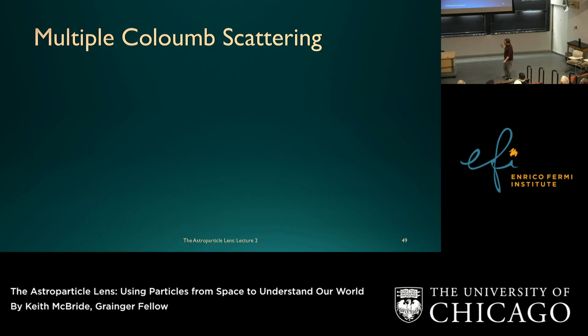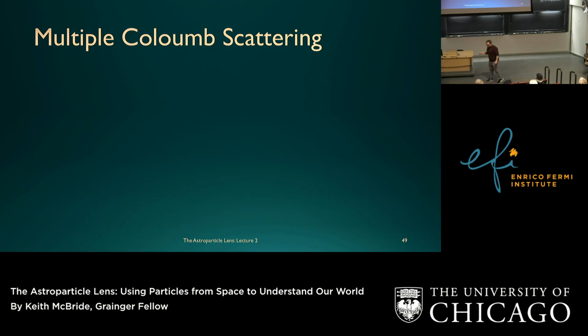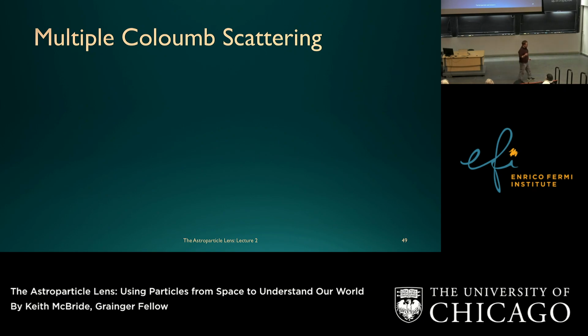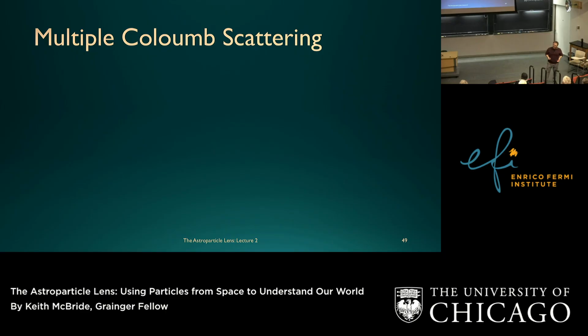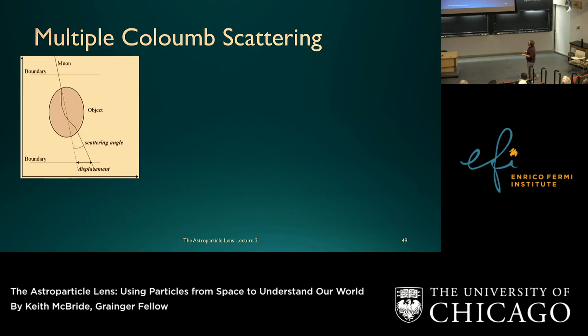And so then I want to come to another phenomenon that we're able to use with muon tomography, which is not the one where the muon loses energy and so you observe less flux. This is called multiple Coulomb scattering. In multiple Coulomb scattering, the muon comes through an object and it scatters because of the electrons, the charges of the atoms inside.